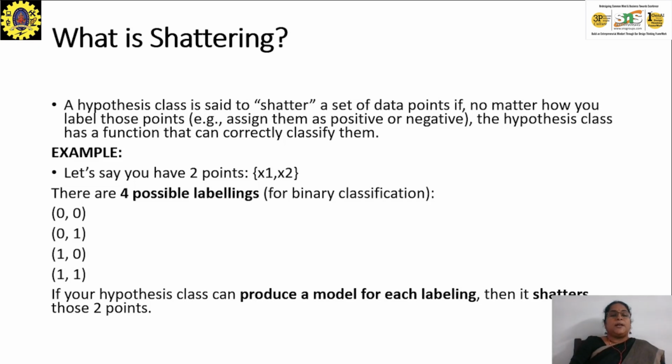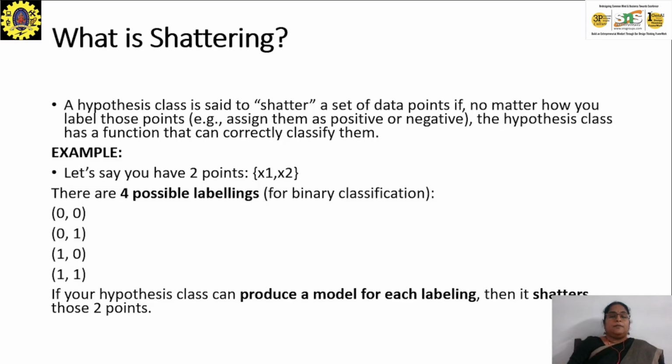Similarly, imagine that you have a hypothesis set S. If the set S is shattered into different subsets, say S1, S2, S3, S4, all these subsets are from the hypothesis set. So shattering: a hypothesis class is said to shatter a set of data points if, no matter how we label those points, the hypothesis class has a function that correctly classifies them.